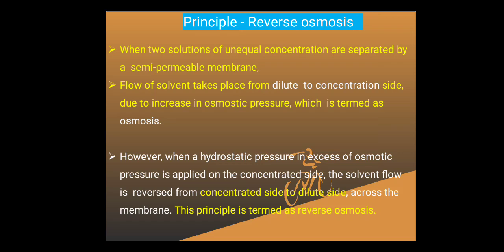Natural flow is from the dilute solution to the concentrated side. When we reverse the flow of the solvent from concentrated to dilute, this process is termed the reverse osmosis process.